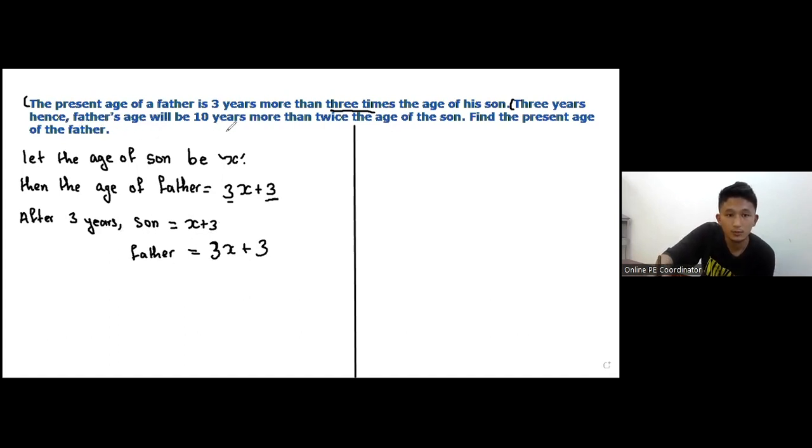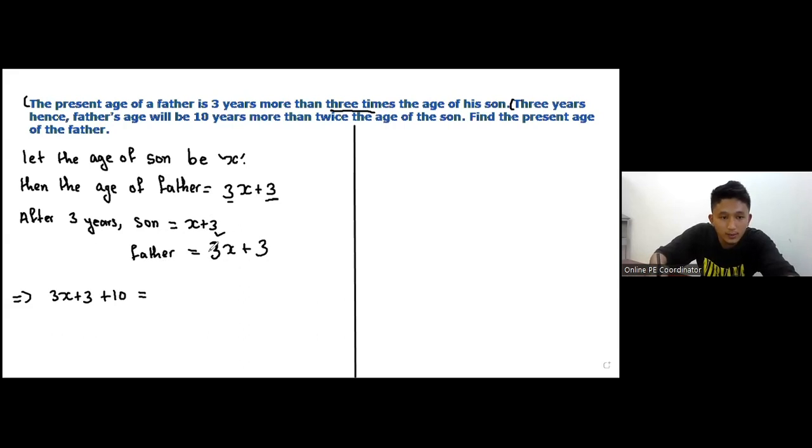The father's age will be 10 years more than twice the age of his son.